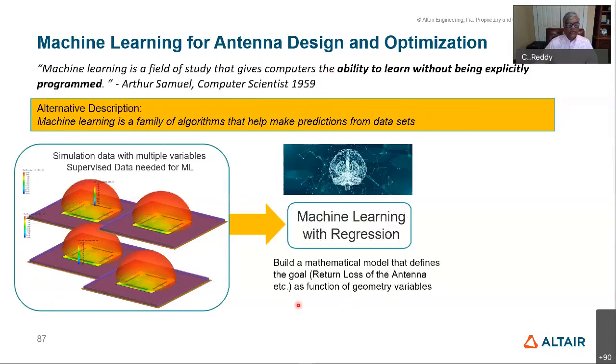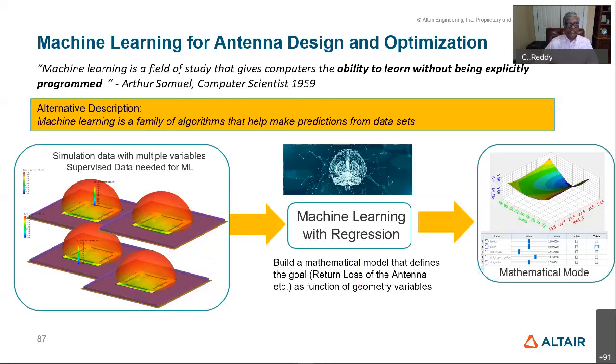From there, we apply machine learning with regression to compute a mathematical function that replaces the physical structure. So when you do the simulations, you don't apply physics-based simulation, but you apply this mathematical function. To create that function, you need a data set of simulations that need to be done.